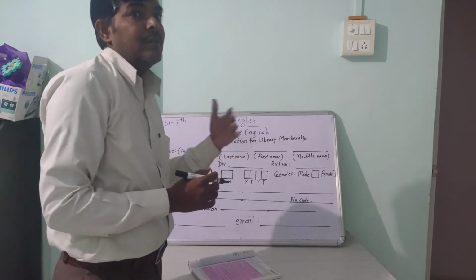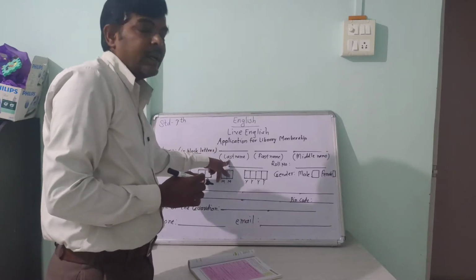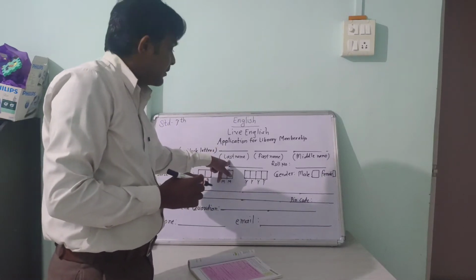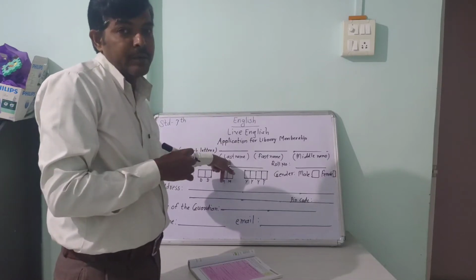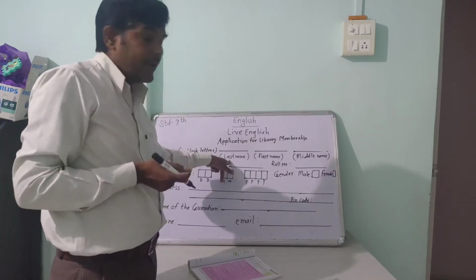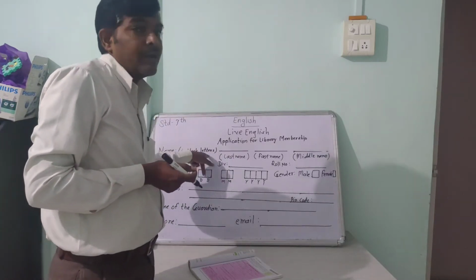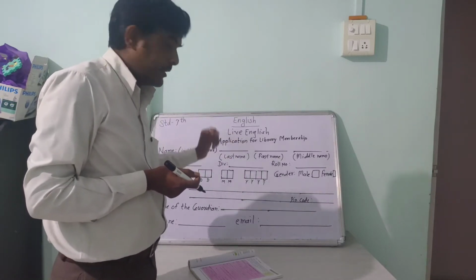Block means capital letters. Look at the next bracket, that is last name. Last name means it is our surname. We have to write down our surname, but don't forget we write it in block letters, which means we have to write all capital letters.